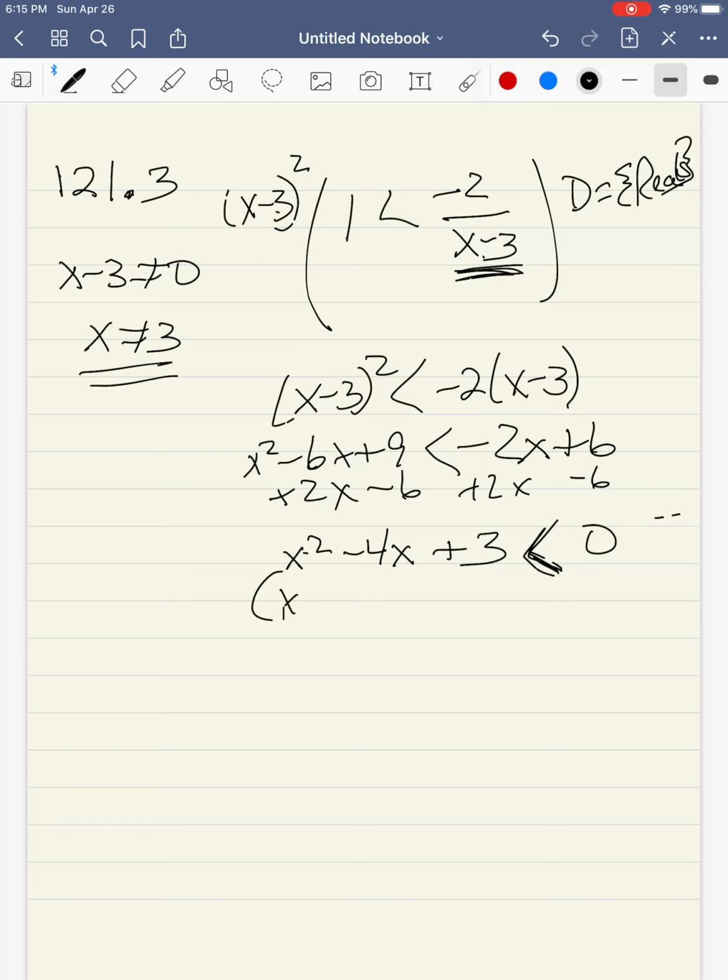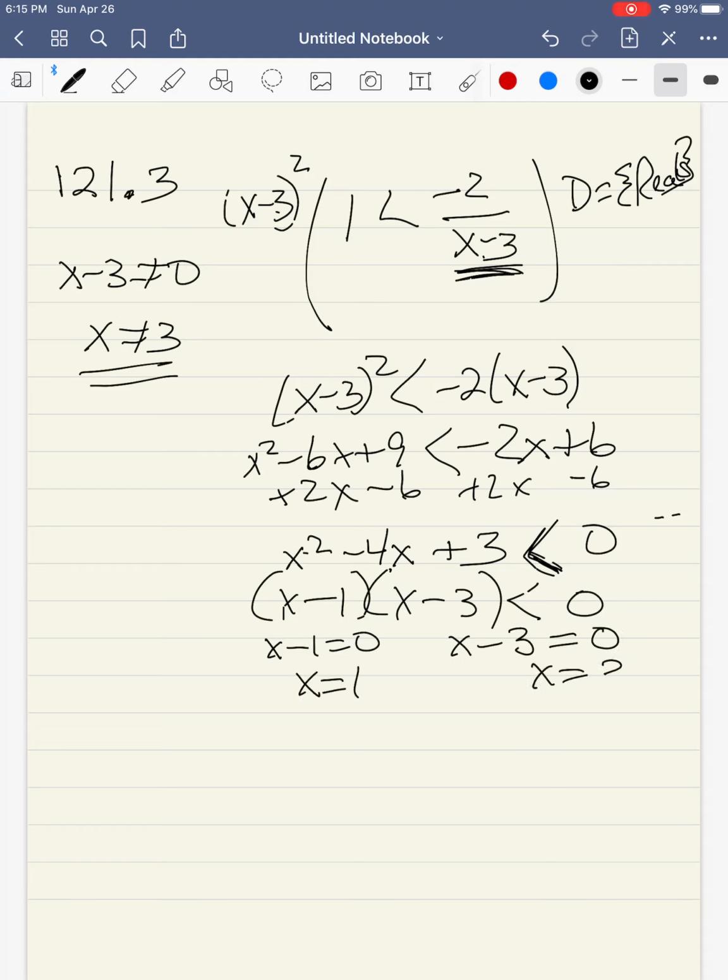So factor that. 1 and 3, and they must both be negative, less than 0. All right, so take each factor, set it equal to 0 to get our critical points. x equals 1 and x equals 3. So put those on the number line. And put my factors right here, x - 1, x - 3.